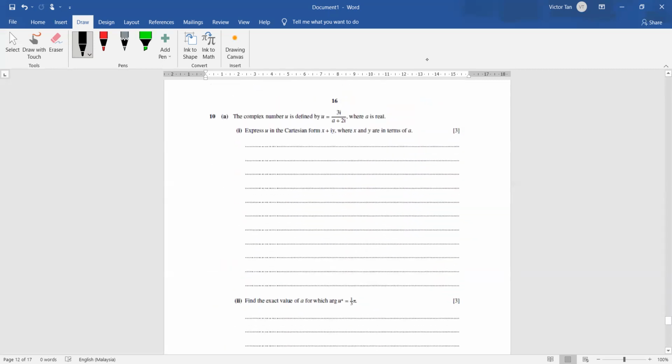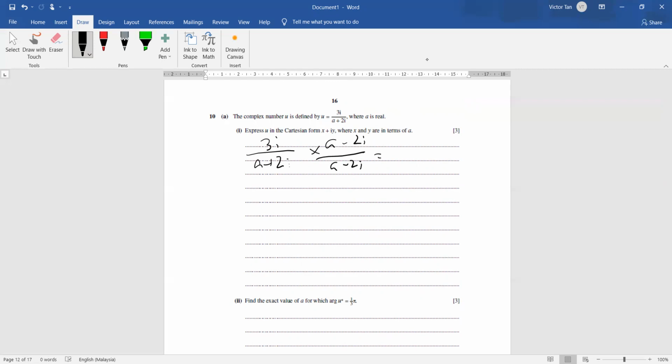Complex number u is defined by u equals 3i over a plus 2i, where a is real. Express u in the Cartesian form, u equals x plus iy, in terms of a. So you need to rationalize the denominator. You multiply by a minus 2i.